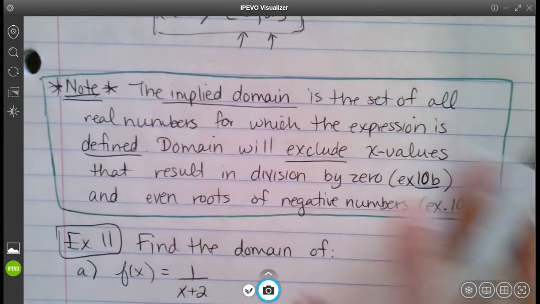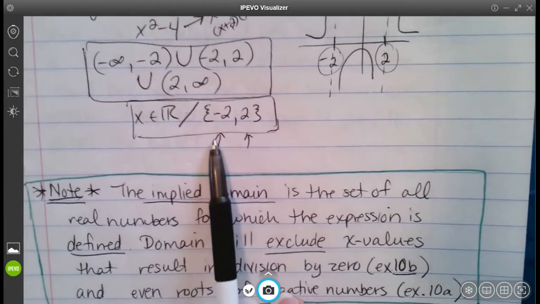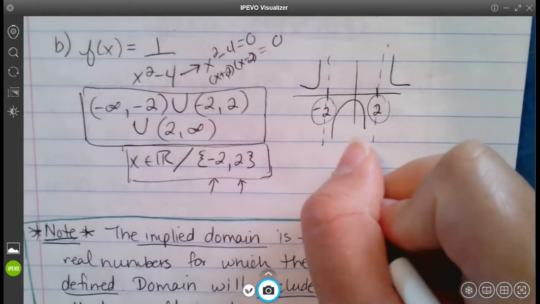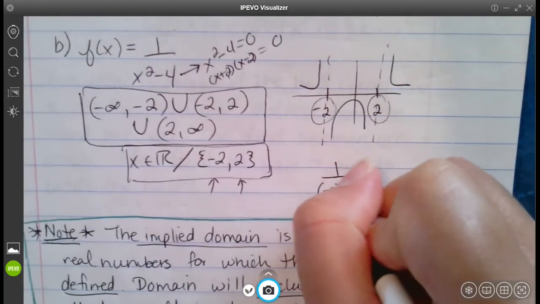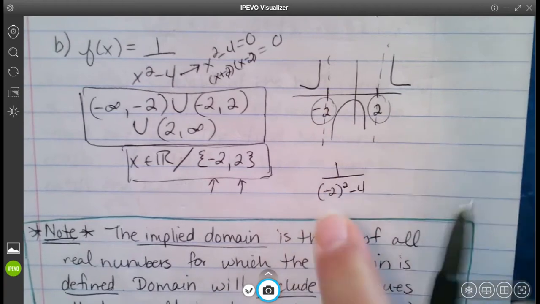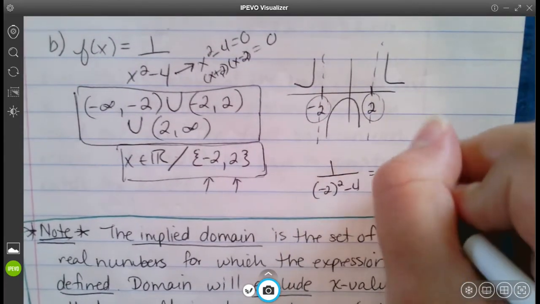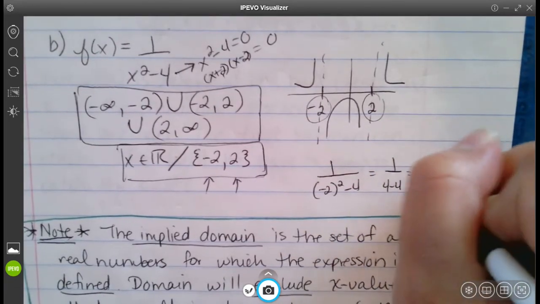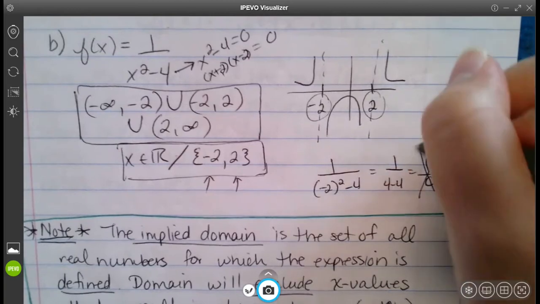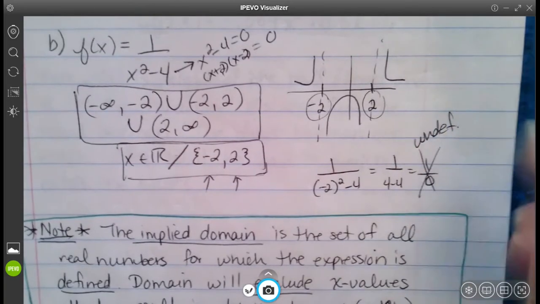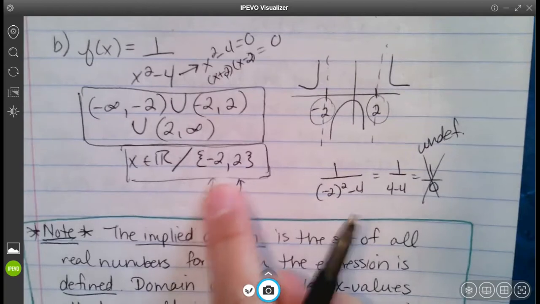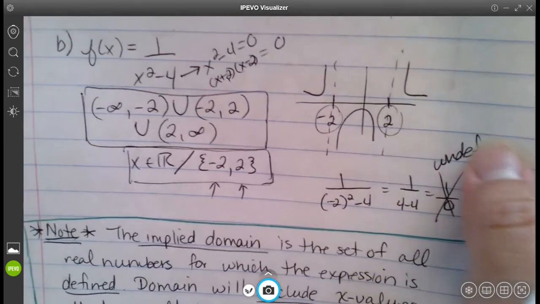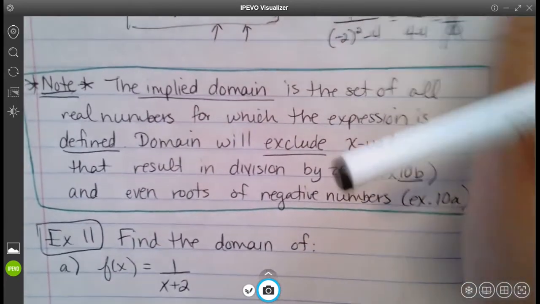The reason that these are not included is because if you were to put this -2 right here, so if you were to say 1 divided by -2 squared minus 4, if you were to plug it in, this is the same as 1 over 4 minus 4, which is 1 over 0. And this is a big no-no. This is undefined. You can't do that. So this is the reason why this number and the 2, because the same thing happens with positive 2, that's the reason why that's excluded from the domain, okay?